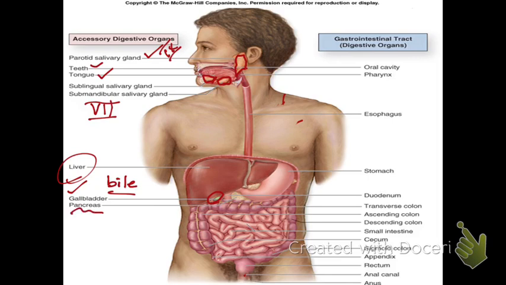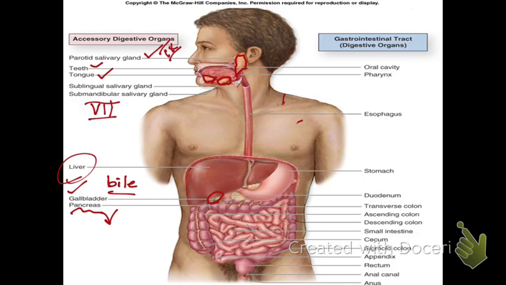Now, the pancreas is the one organ that really ties together these two systems that are included in this lab, the digestive and the endocrine system. Most folks think of the pancreas as being a hormone-producing gland where insulin is produced.